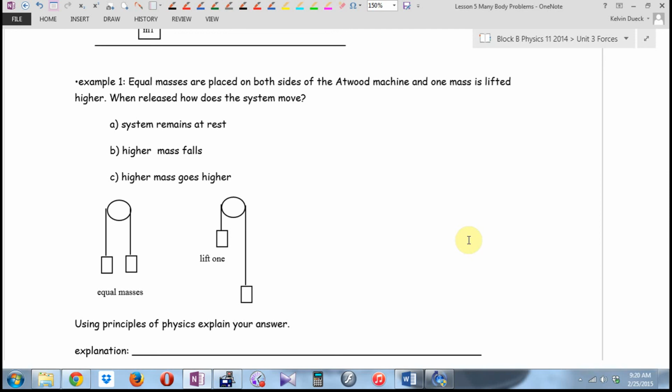And then I let go. So if they're equal masses and there's no friction here, and this mass is lifted higher, and I let go, how does the system move? Now this remains at rest. It's friction. A, does it remain at rest? B, does the higher mass fall lower? Or C, does the higher mass go higher?